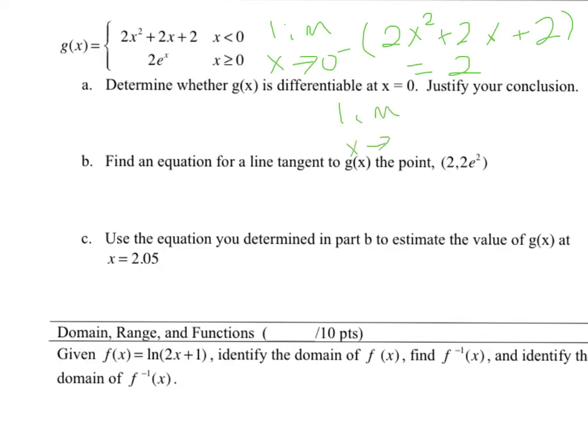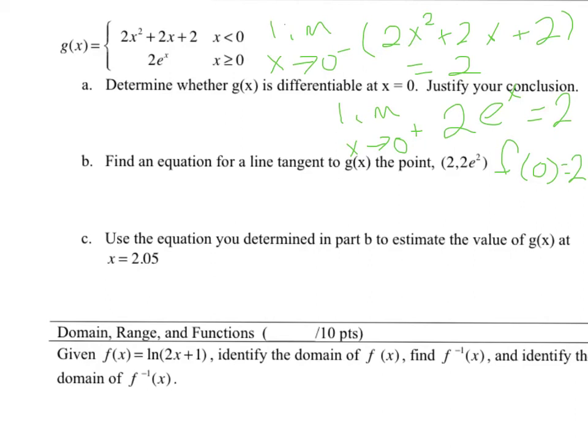The limit as x approaches 0 from the right of 2e to the x. 2e to the 0 is also going to be 2. That's nice. I also need f of 0 is 2. Cool, it's continuous.